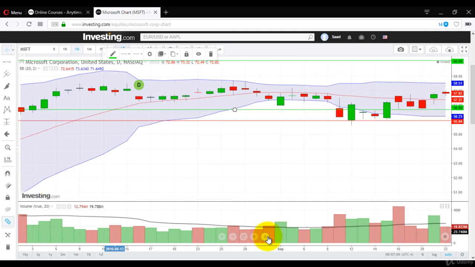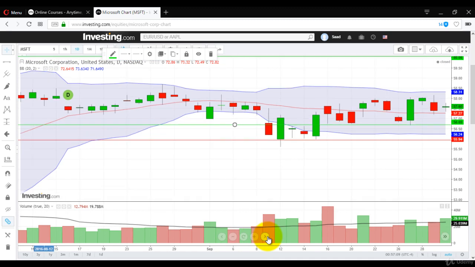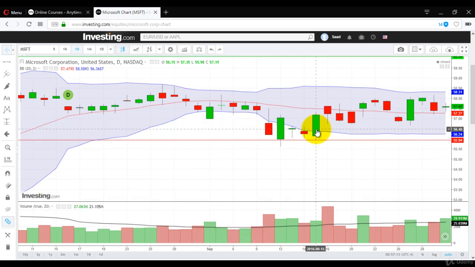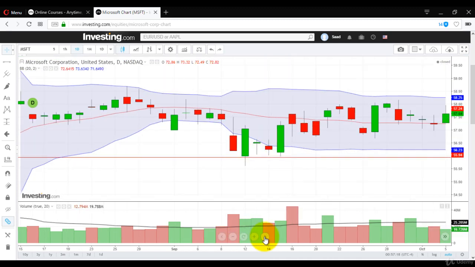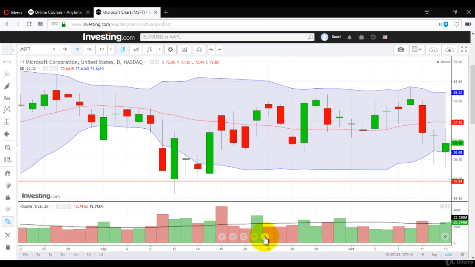1, 2, 3, 4, 5, 6, 7, 8, 9, 10. Now I am removing this line because we have put it below the Bollinger Band. 10, 11, 12, 13, 14, 15, 16, 17, 18. So it was 16th September, right? Right here.